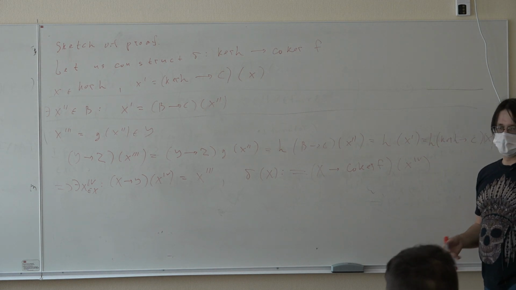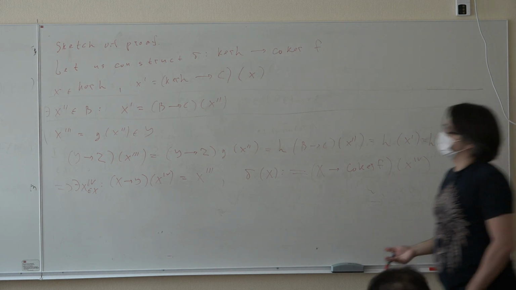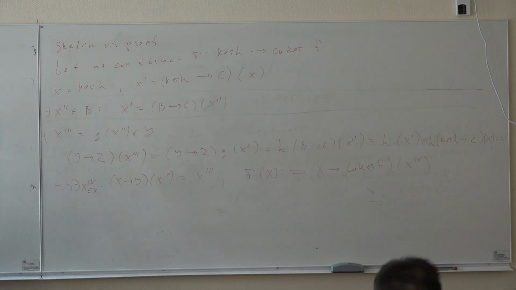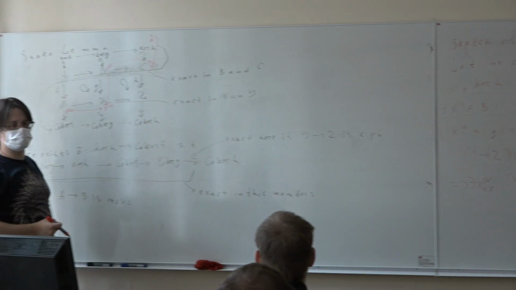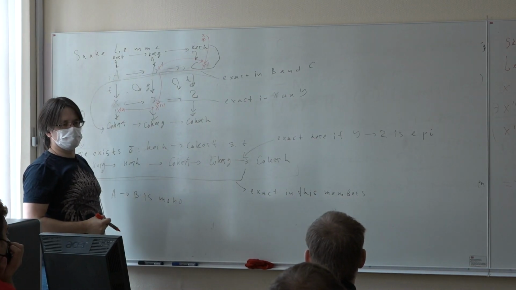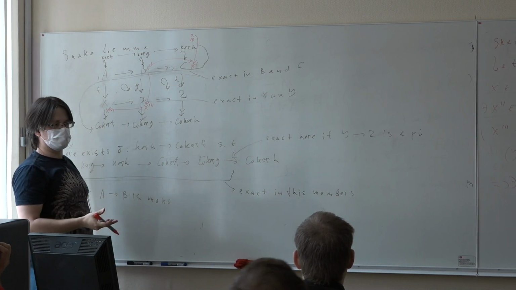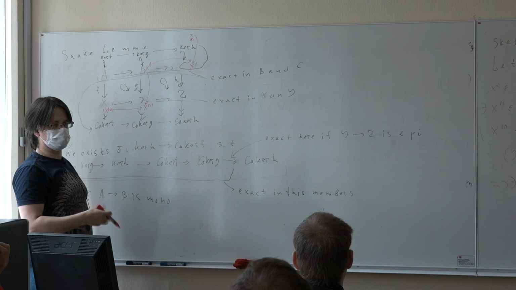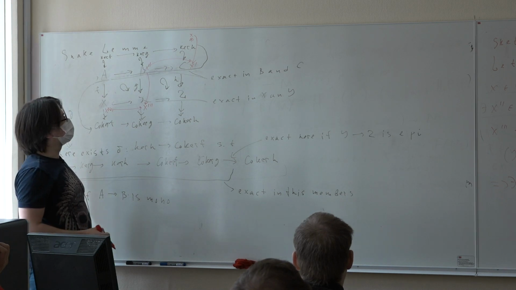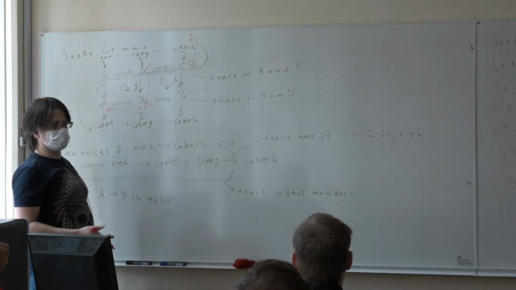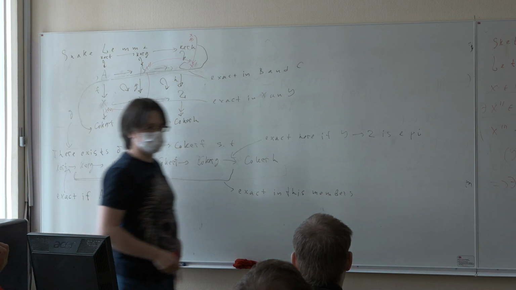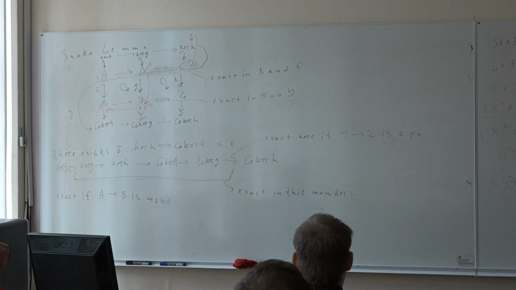And when we prove that it doesn't depend, it will become clear that delta is a homomorphism of modules, because if we have two elements and have made choices for them, we can make corresponding choices for the sum of elements and so on. And if you have an element and multiply by some element from the ring, the same thing.